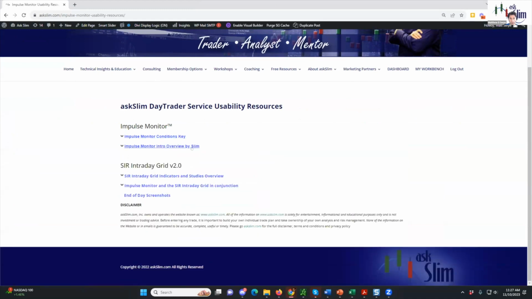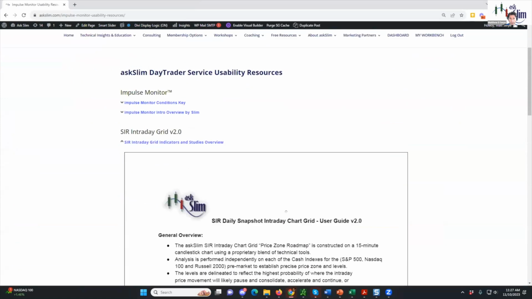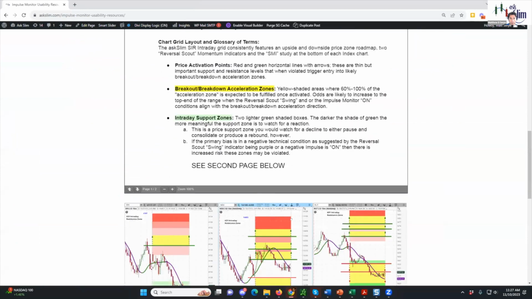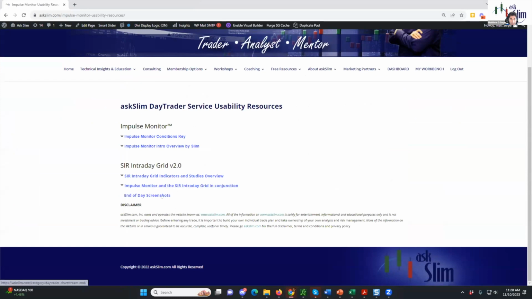There's an introduction that was done by Slim. Then there is a review of all of the information on the SIR intraday grid that goes through all of the various key price zones. And then we have end of day screenshots that we take so that you can see what that intraday looked like, the grid, how it finished up. And a lot of resources in there.